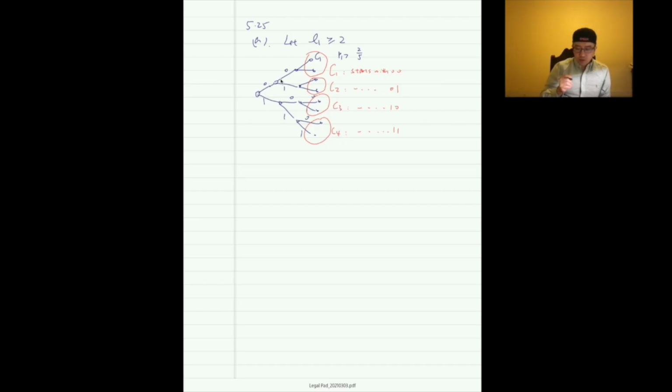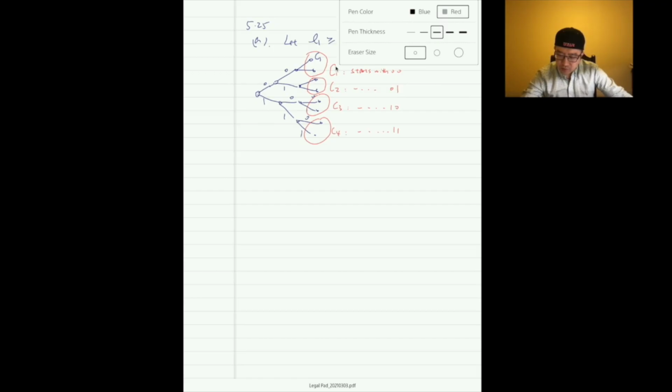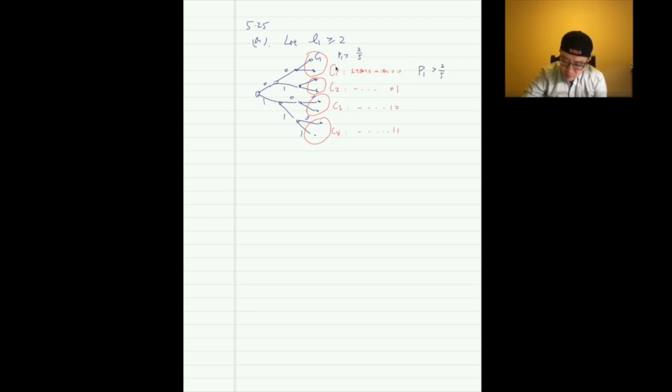Here, what we know is that because P1 is bigger than 2/5, the probability of C1, which we say is P1, is bigger than 2/5, right? Because of that, we can see all the probabilities here, let's say P2 plus P3 plus P4, will be less than 2/5... I mean, less than 3/5.